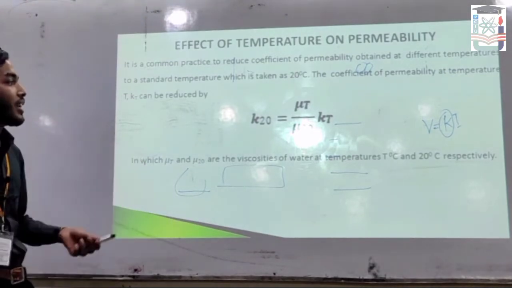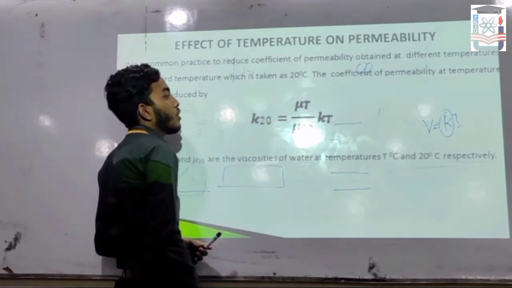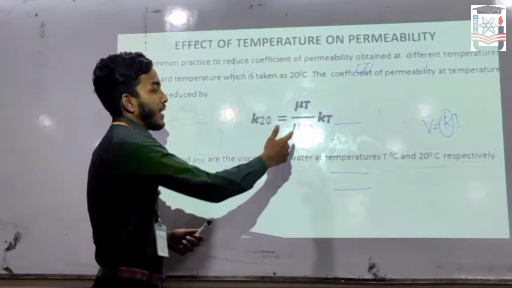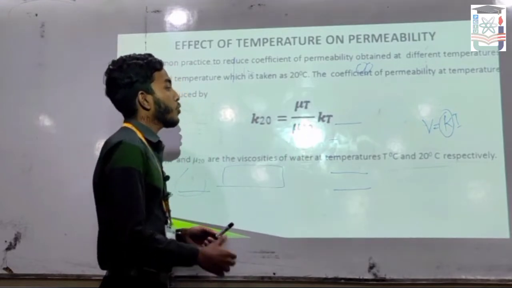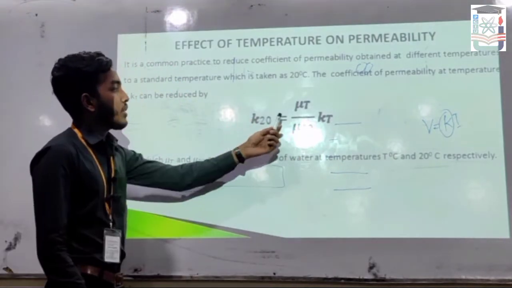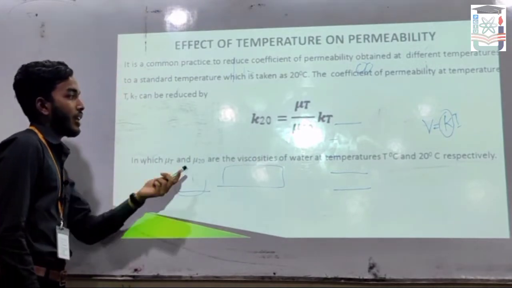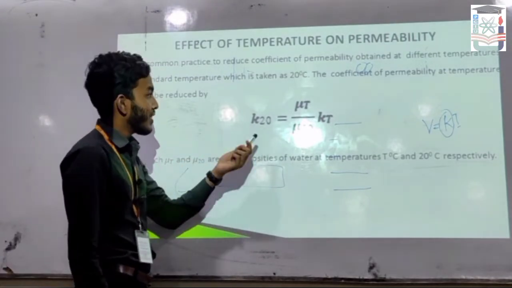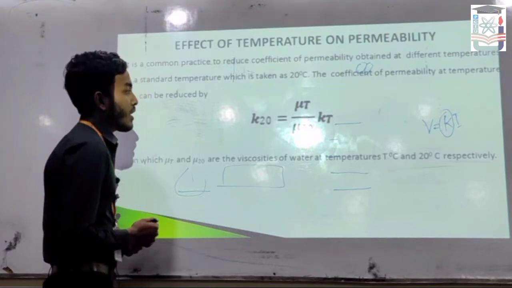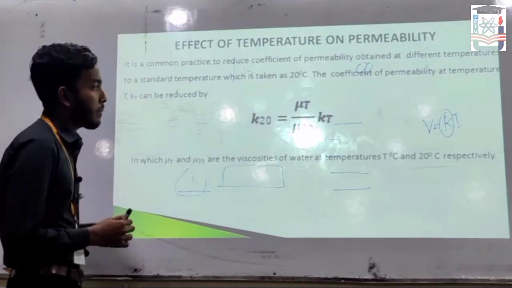Here you can see a formula: K20 is equal to mu T into Kt upon mu 20. If we are familiar with these four values, then we can easily convert to the coefficient of permeability at 20 degrees centigrade.